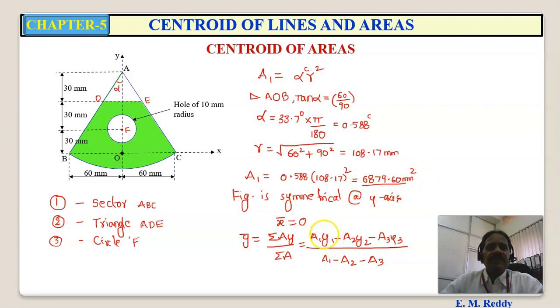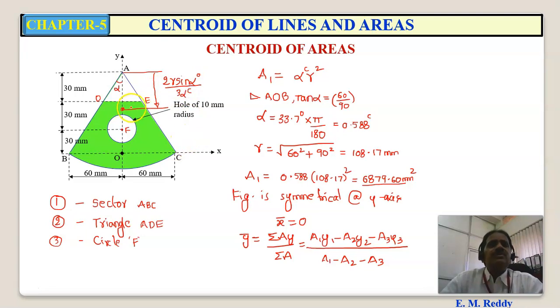So what is y1? It is the distance of centroid of this sector from x-axis. So this sector is symmetrical about this y-axis. Centroid will be located on the symmetrical axis for this sector, and the distance of centroid of the sector from center of the circle, as per the formula, it is 2r sine alpha upon 3 alpha, where alpha is in radians.